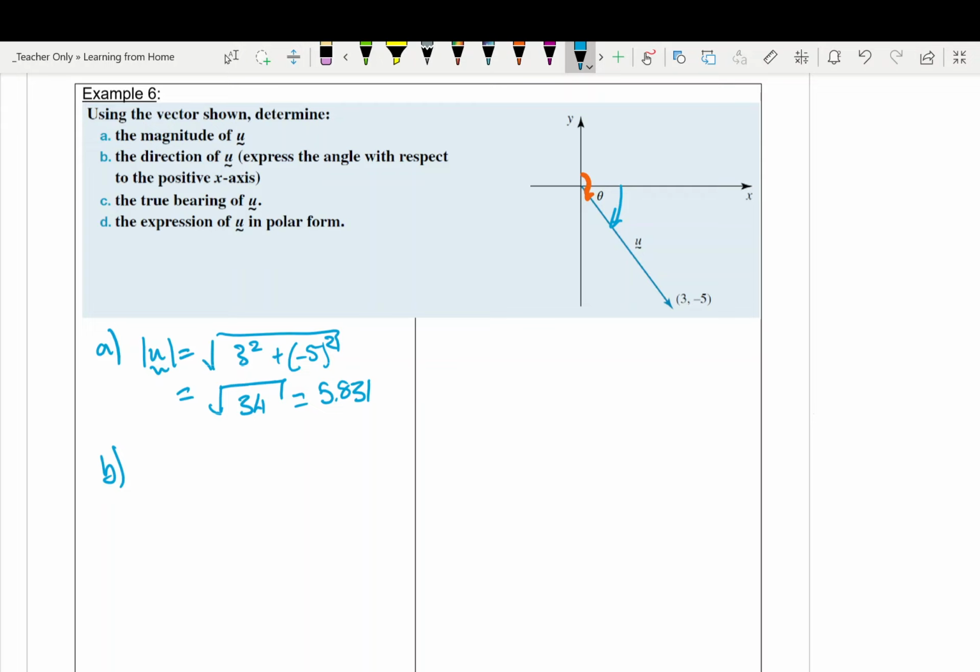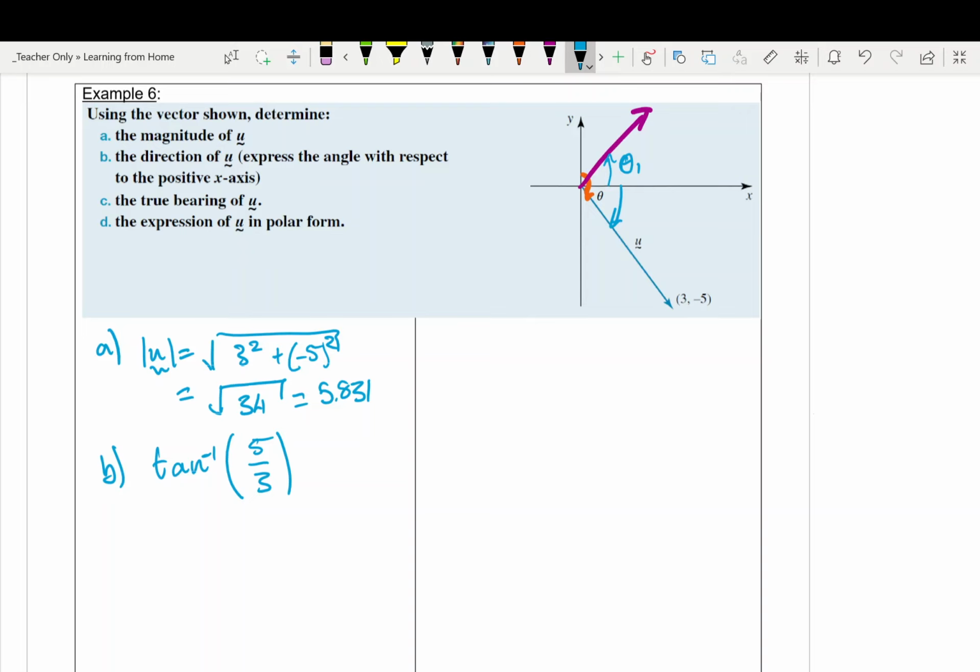So our first quadrant solution to this would be if the vector was coming up here. So that would be sort of our theta 1. And what we can do is we find theta 1 just using tan inverse of 5 on 3. So we omit the negative sign, compute it based off what it would be like in the first quadrant, and then all we have to do is reflect this over the x-axis.